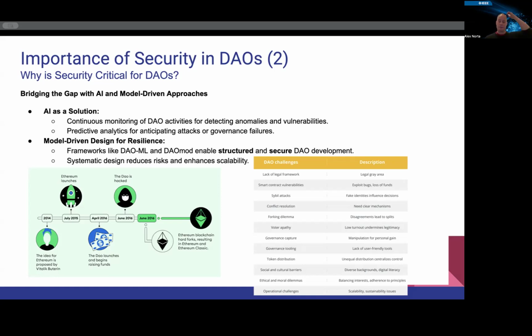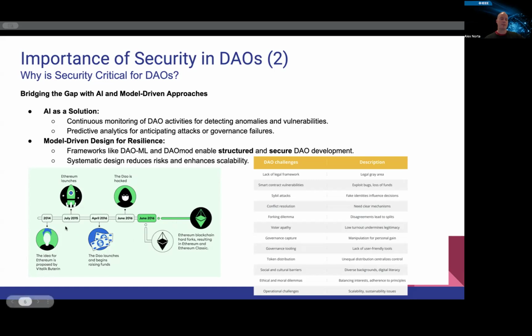So I have here two little screenshots that I found online in support of the security in DAOs, just showing you this is very important. Some of you might actually know this story, but there's this story about Ethereum.